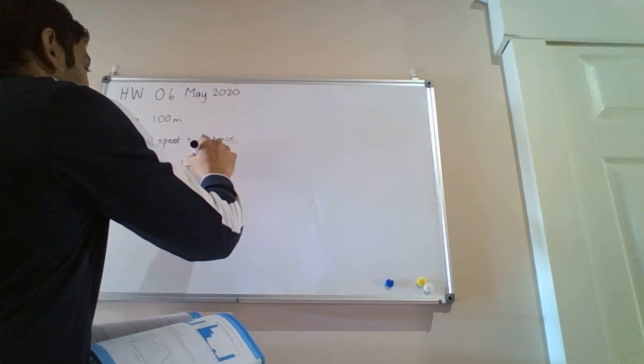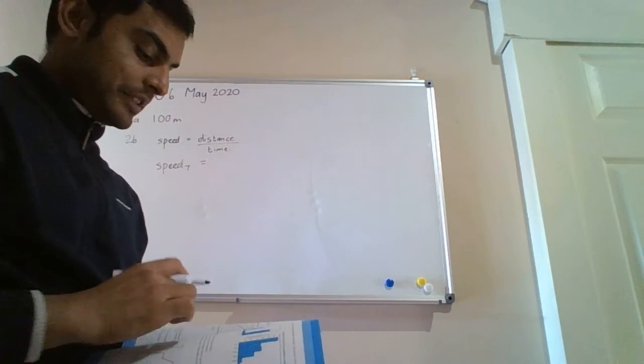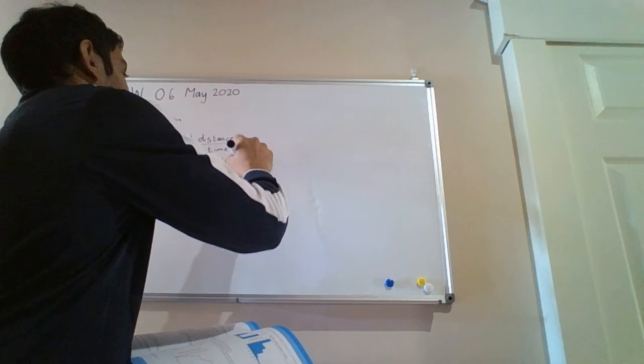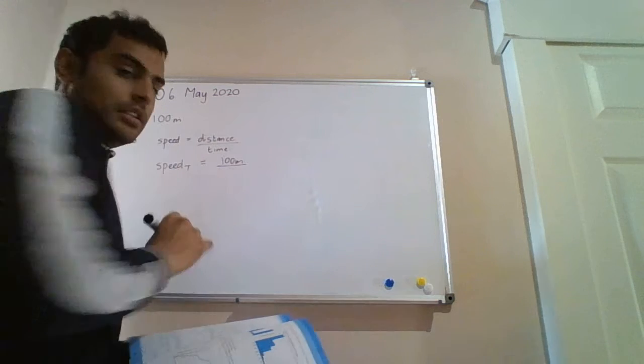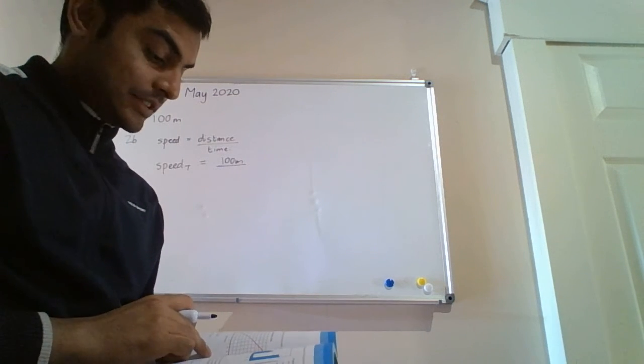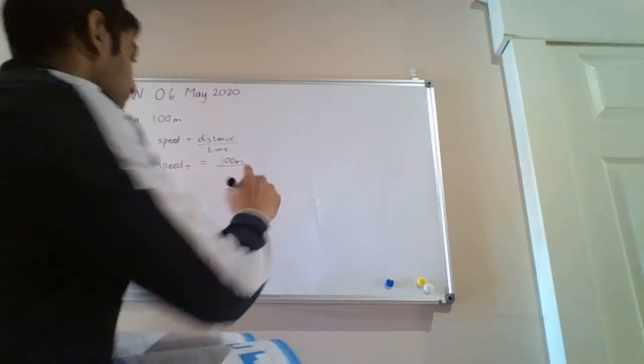So the speed of the tortoise equals the total distance that was covered, which is 100 meters, and the time that it takes, if you read the horizontal axis of the graph, is 11 minutes for the total race.